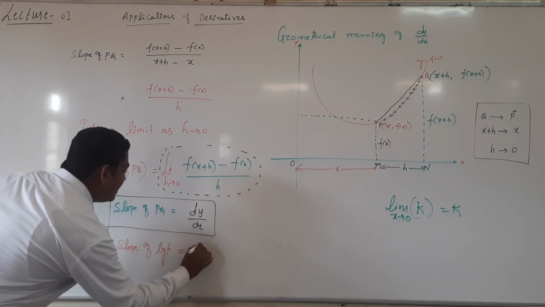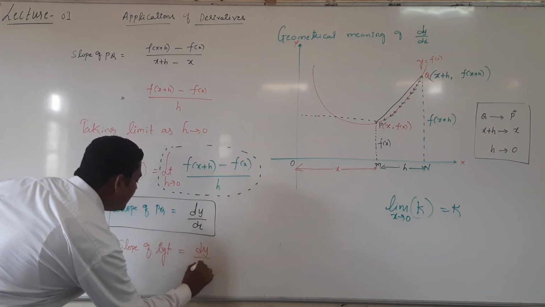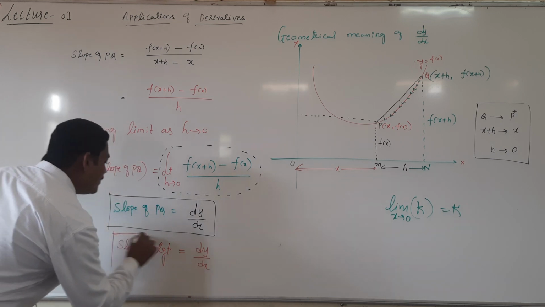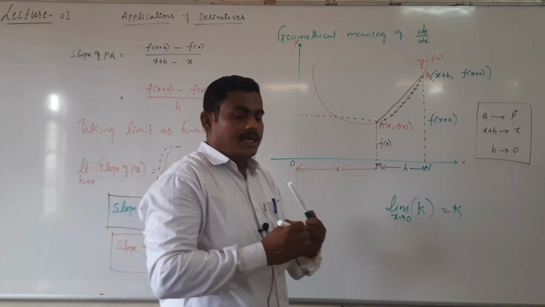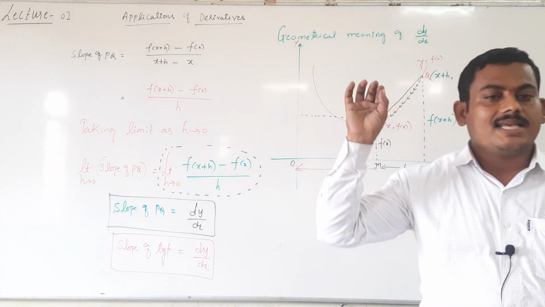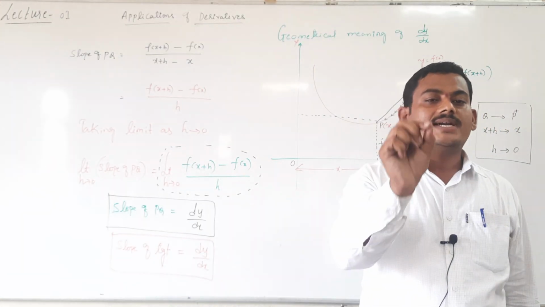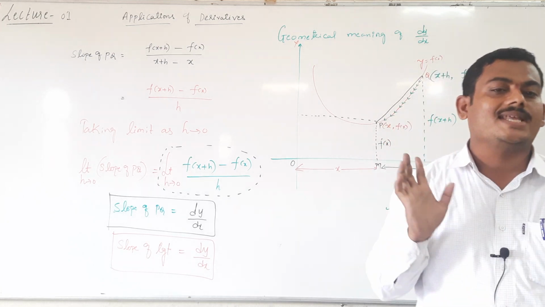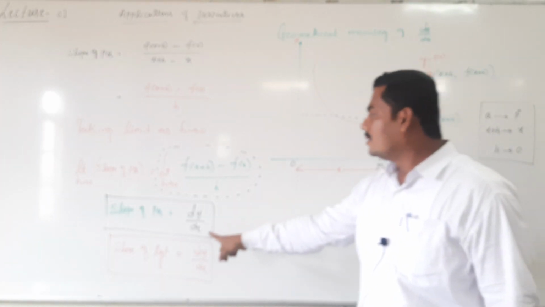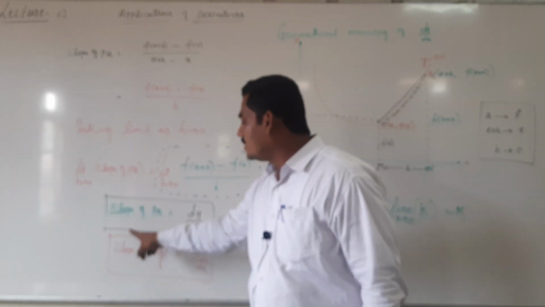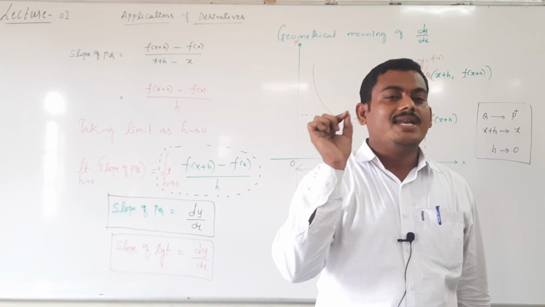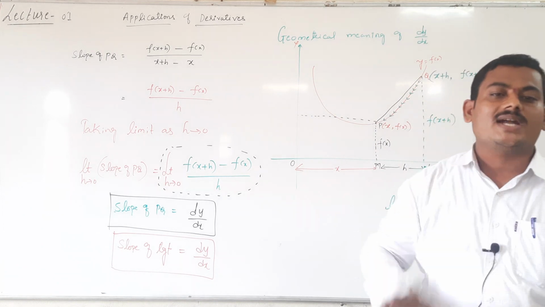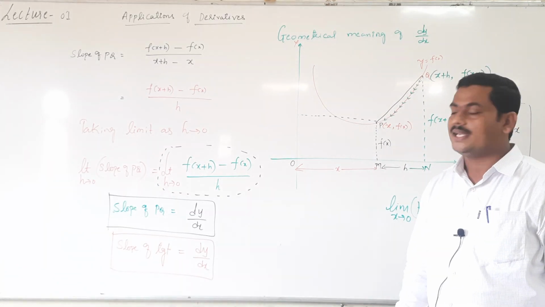Slope of tangent is nothing but dy by dx. Remember, the geometrical meaning of dy by dx at a given point is nothing but the slope of the tangent line. Right? Proof is not necessary. Just remember, dy by dx at a point is nothing but the slope of the tangent line.